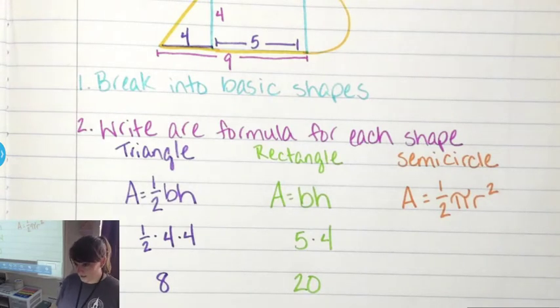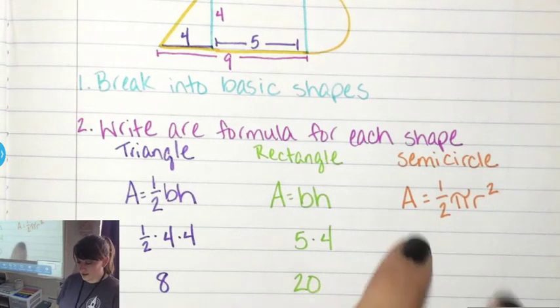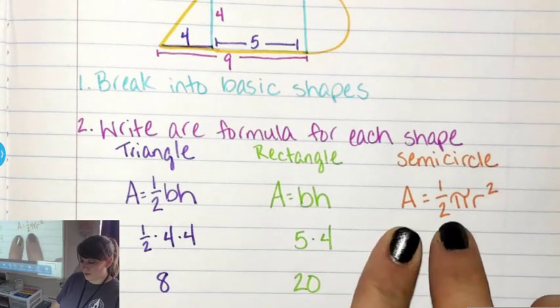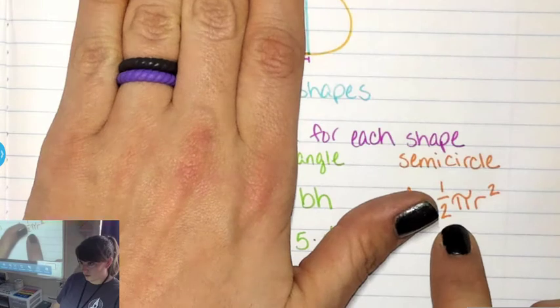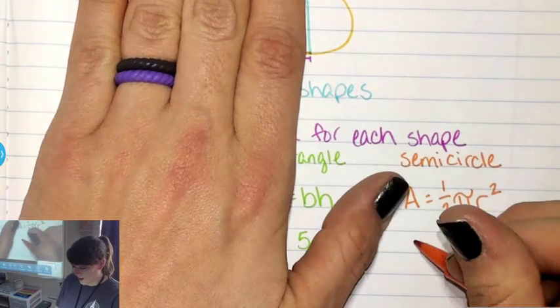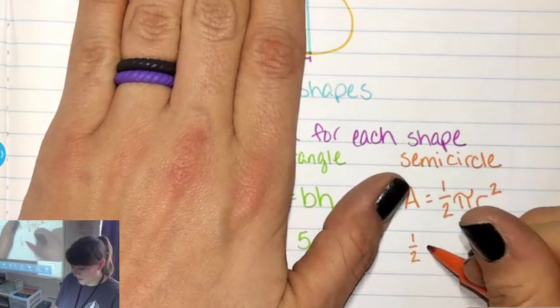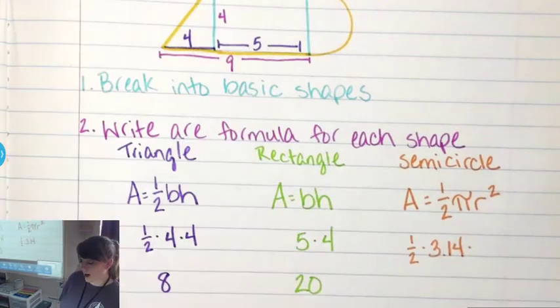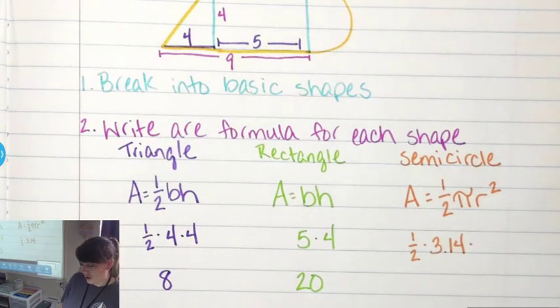Do all the steps. This is not on your formula sheet. You have to remember that it's half a circle. All right, so we've got 1/2. Pi is 3.14. How much is the radius of that circle? 2.